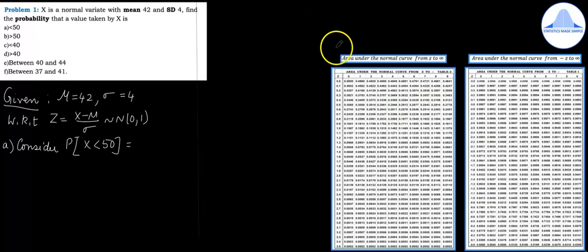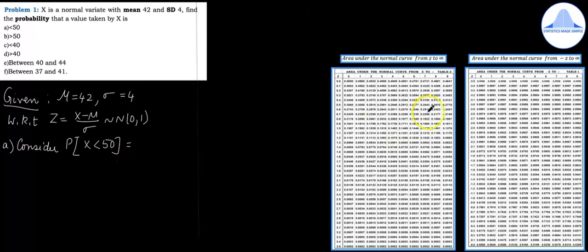And also observe the heading of the table. It is area under the normal curve from z to infinity, or area under the normal curve from minus z to infinity. So remember that you can find out the area under the normal curve only from any number to infinity. That number can be positive or it can be negative, but it's only from any number to infinity we can find out the area.